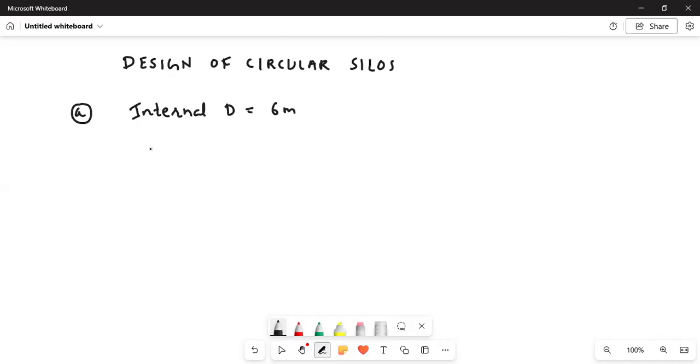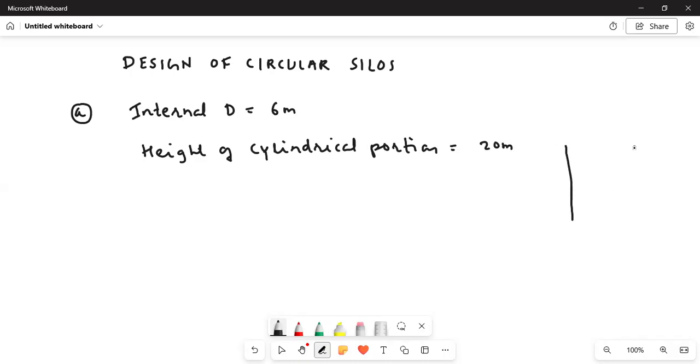Height of cylindrical portion is equal to 20 meter. You see, you have the sketch of the silos like this.